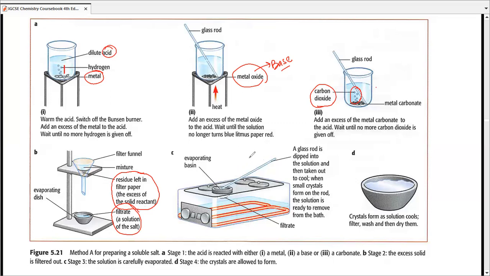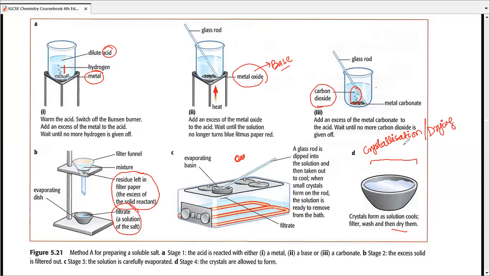This step is known as evaporation. And finally, when crystals start forming, we let the solution cool or dry. This step is known as crystallization, or it can also be considered as drying.